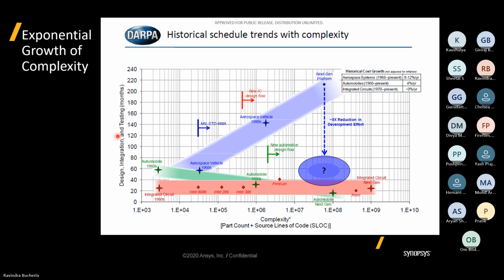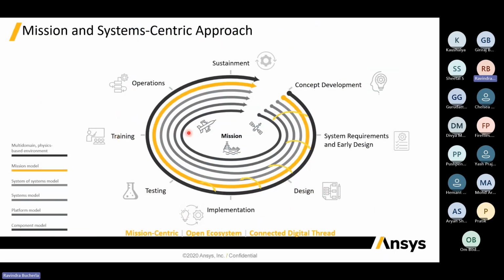This is the general system-centric approach that we follow to design any component or assembly. Initially, we first analyze the purpose of the mechanism, and based upon the concept, we have some system requirements and an early design.